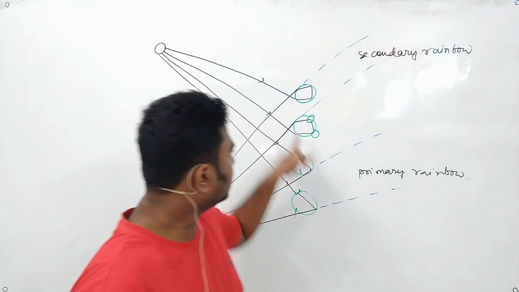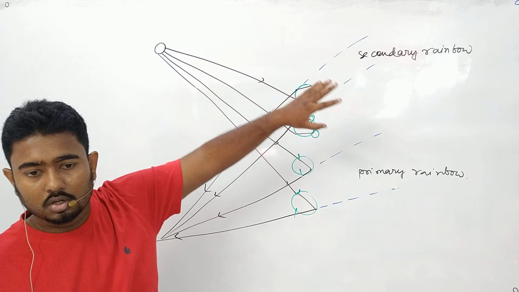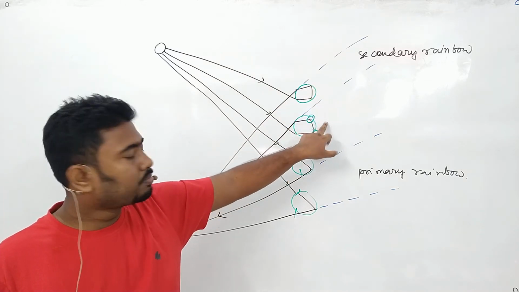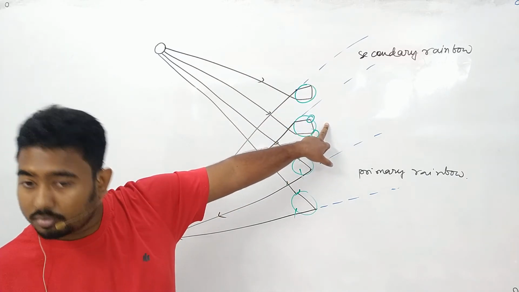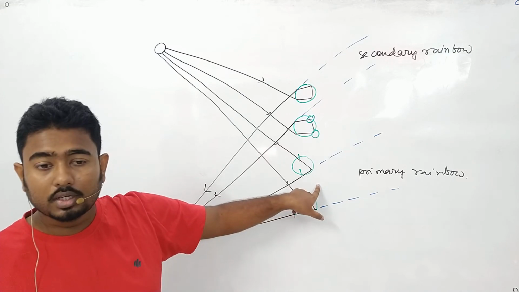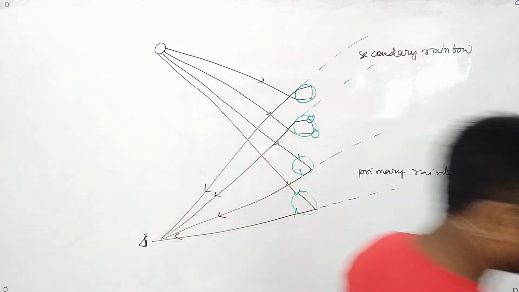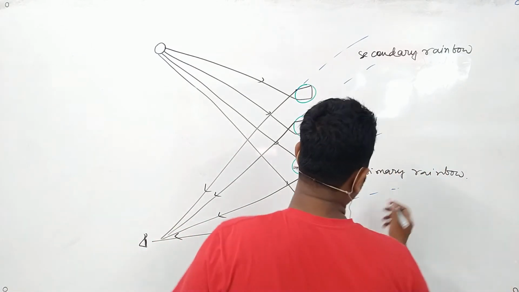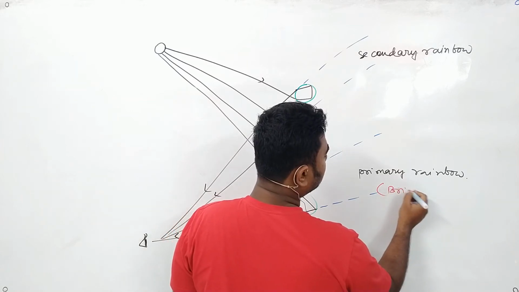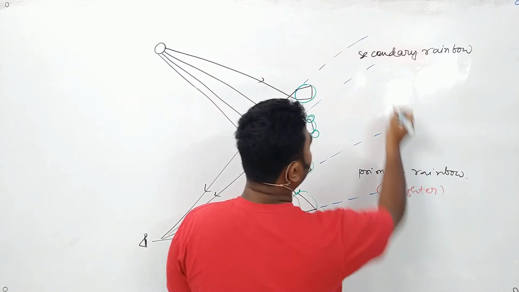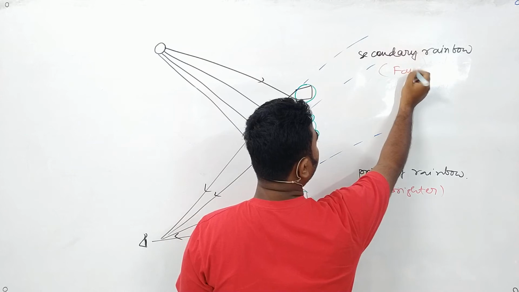So if in this case more energy is lost, will it be brighter or fainter? Fainter. Will this be brighter or fainter? Brighter. So first thing that you should consider is the primary rainbow will be brighter, and the secondary rainbow will be fainter.